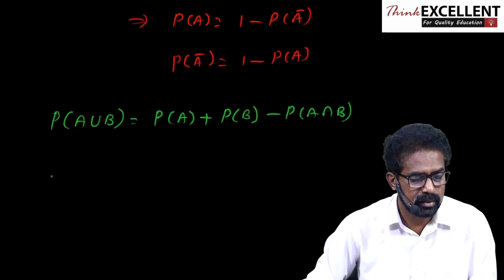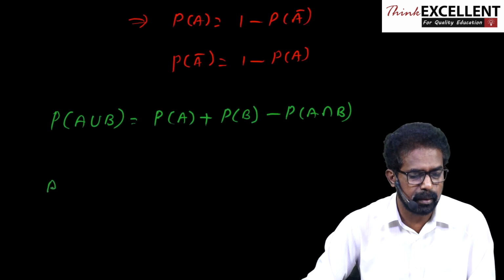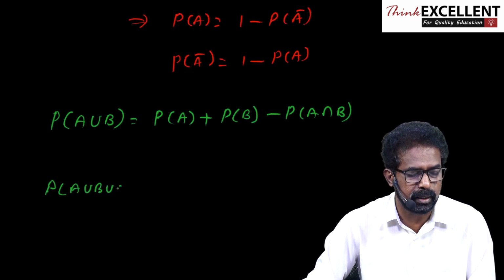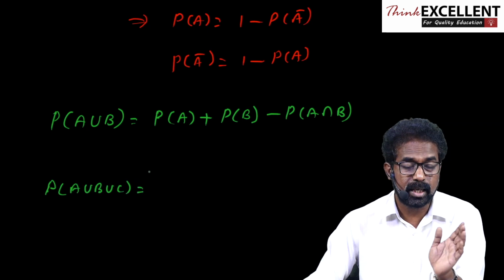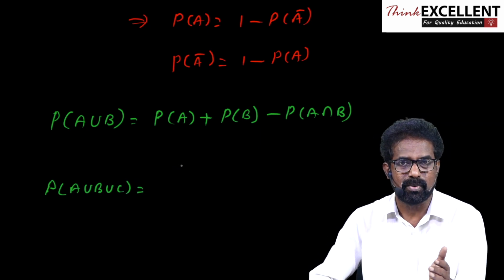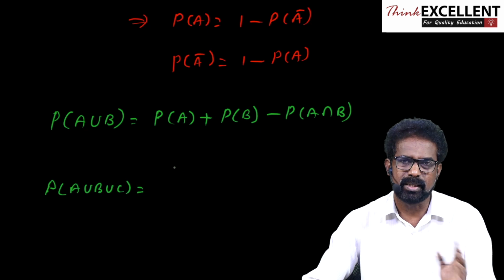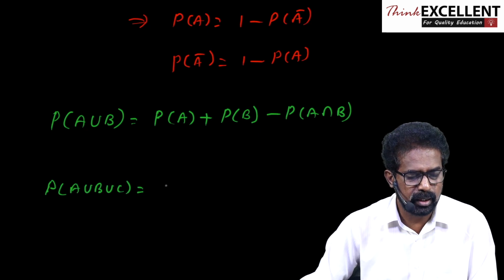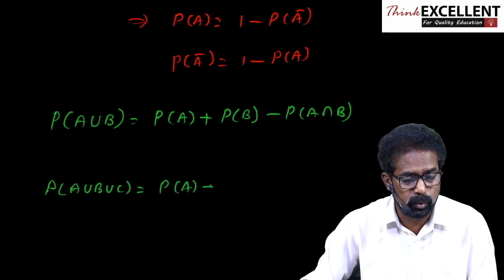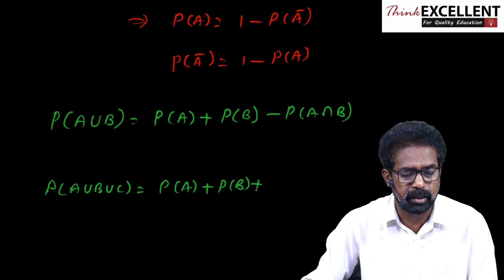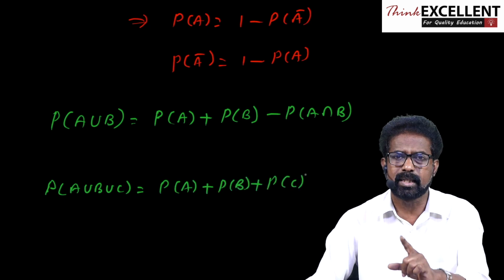Suppose there are 3 events, A union B union C. P of A union B union C: first you take one at a time. In sets you may have a formula, right? N of A union B, same thing here. So P of A union B union C is P of A plus P of B plus P of C. First 1 at a time, everything positive.